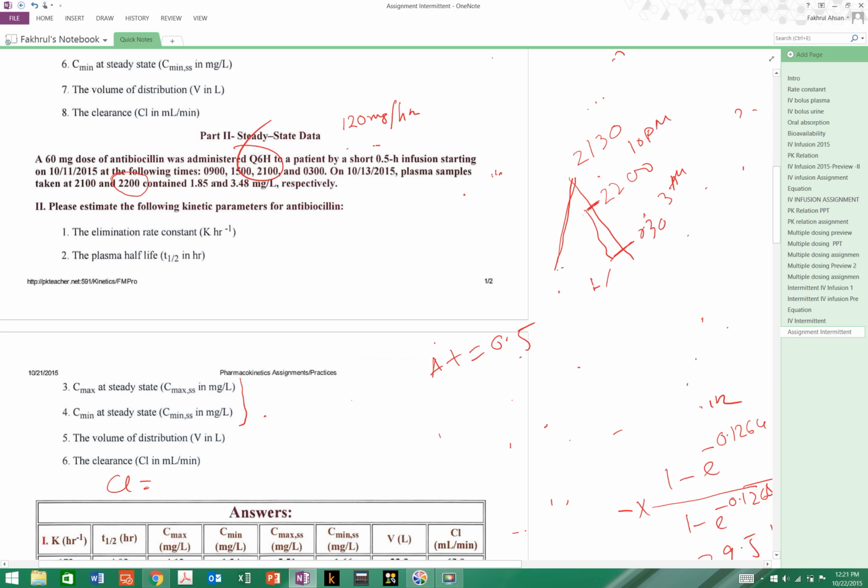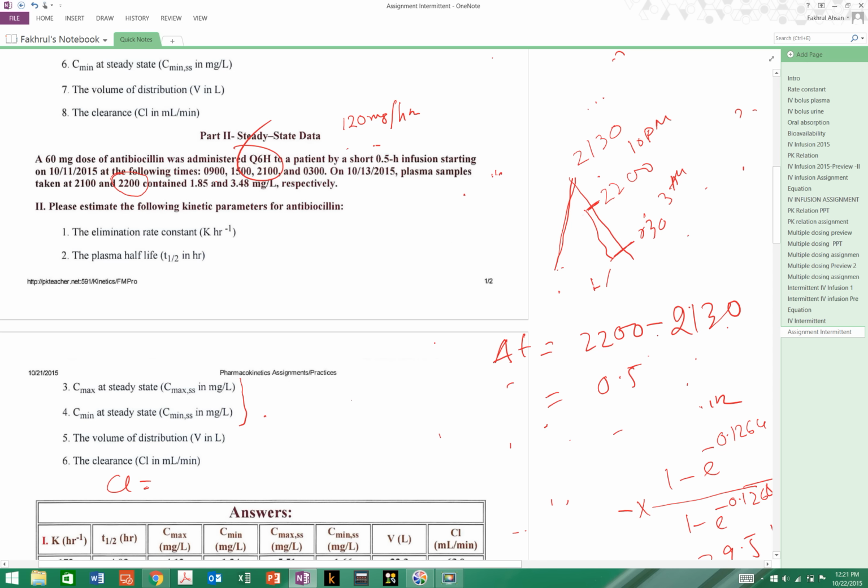So you have Cmax at 2130, and then you took a sample at 22 hours. So here this would be your delta T. Delta T would be 22 minus 2130, which is 0.5 hour.